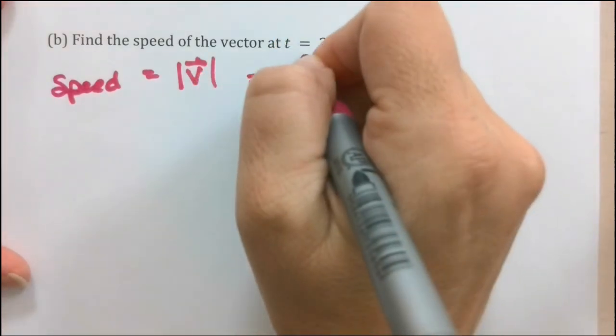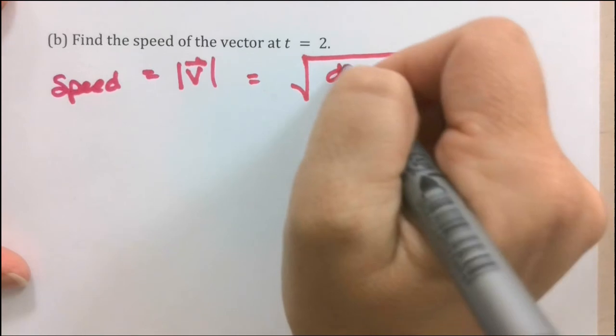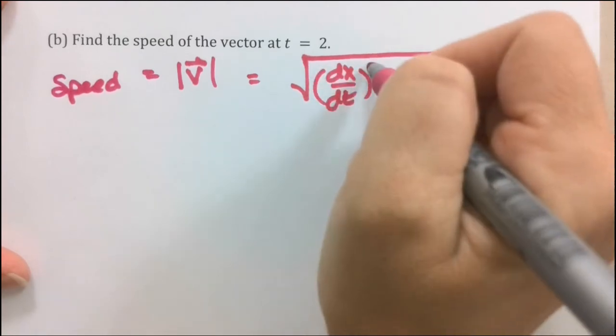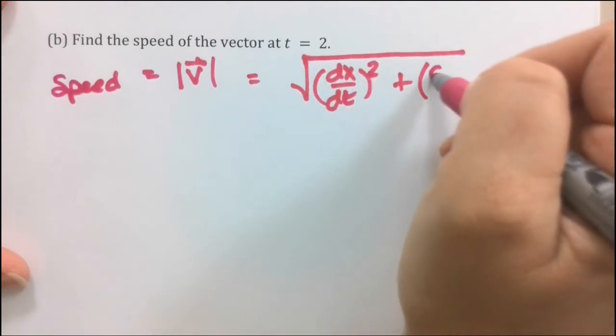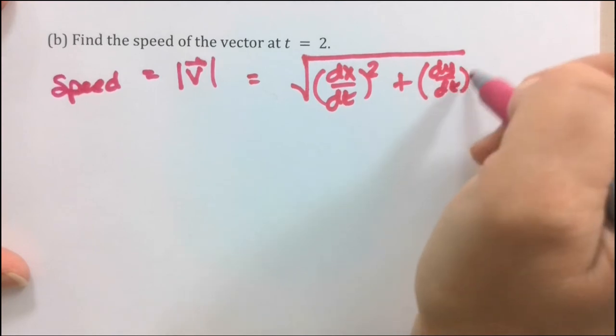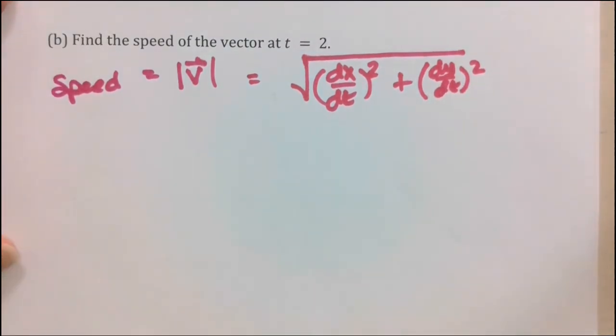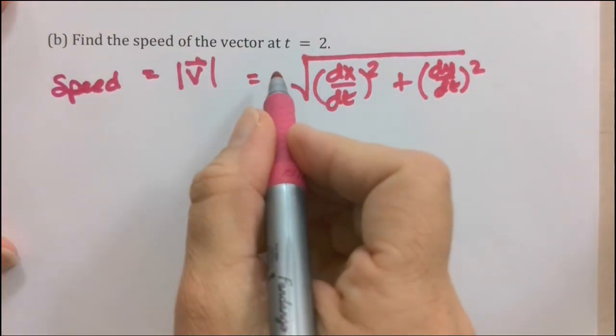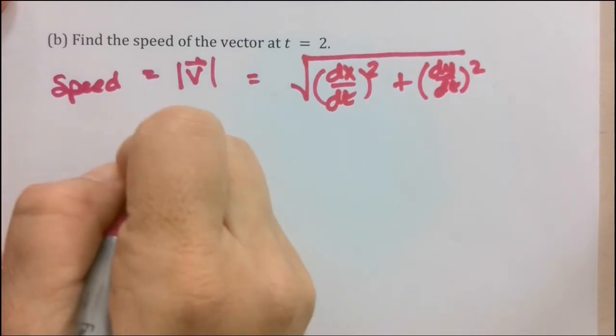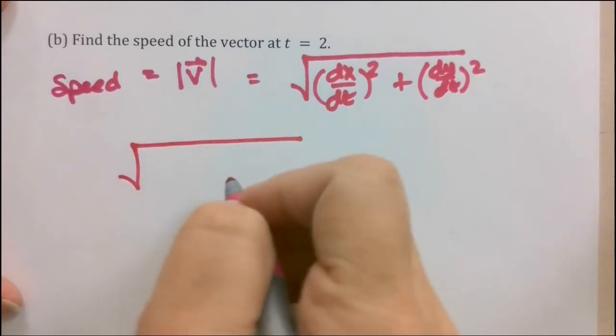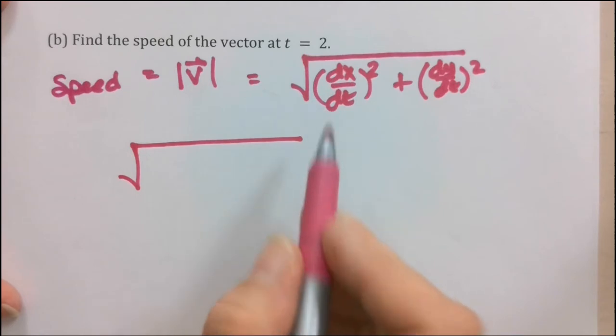And of course, that's going to use the Pythagorean theorem. Square root of dx/dt squared plus dy/dt squared. That's our speed formula.